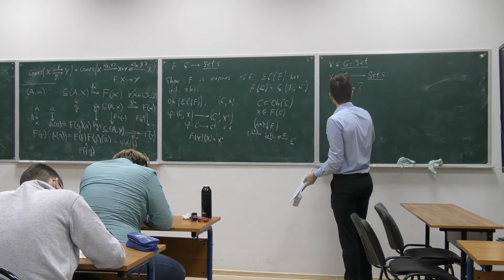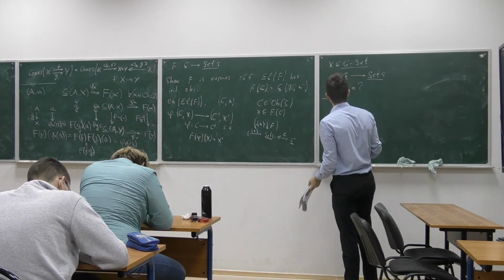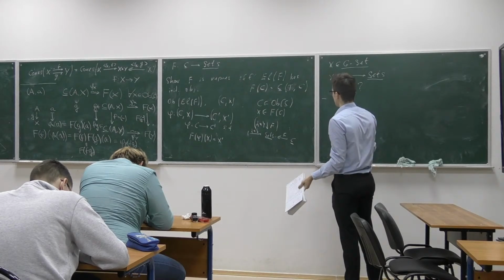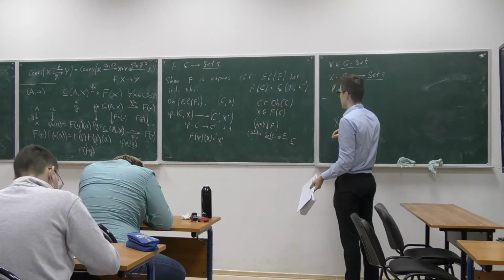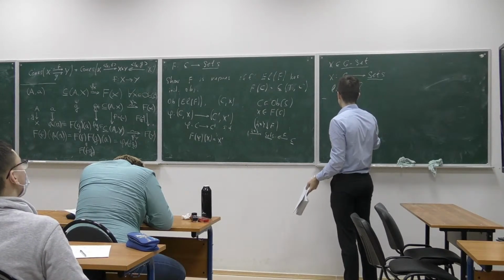Well, let's again consider the category of cones of this functor. What is this functor? First of all, we have our G set, and we have lots and lots of maps here.